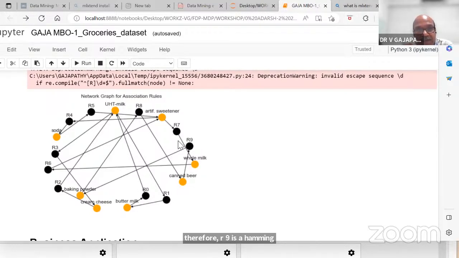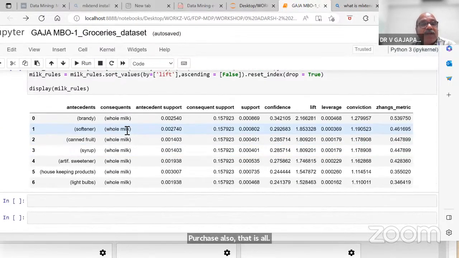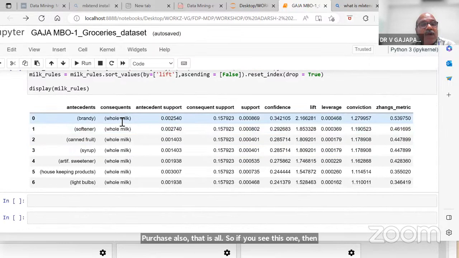Therefore, if you know this, you can either increase one product's sales, or give a discount so that you can increase the purchase of other products also. If you see this, I will give a discount on whole milk, because that will not affect my huge revenue.